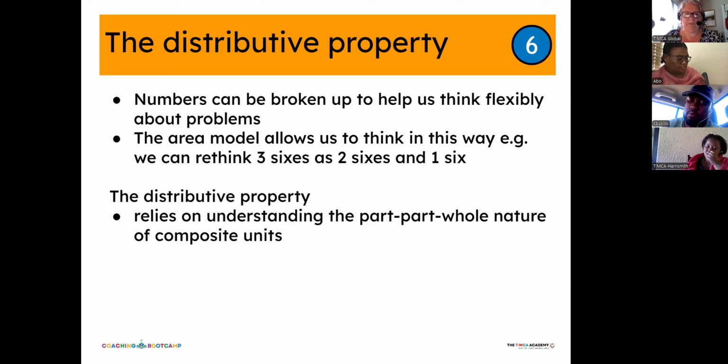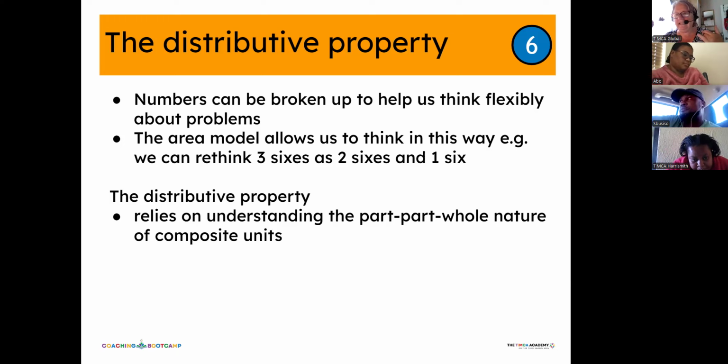So the distributive property is important because it relies on our understanding of how numbers are made up, exactly as we were doing when we were doing addition and subtraction on the number line. Depending on the numbers and the question, we broke the numbers up differently. And the same thing applies here when we use the distributive property.